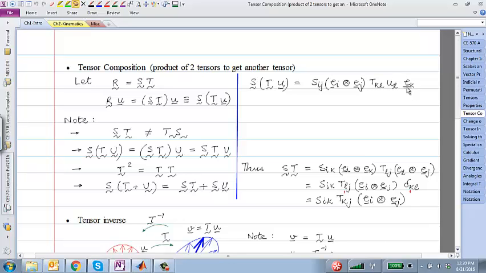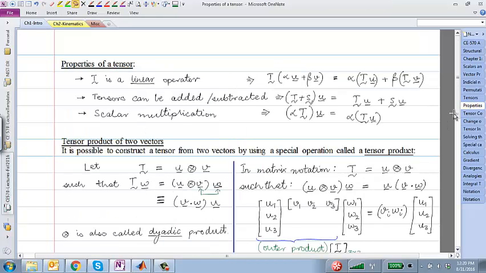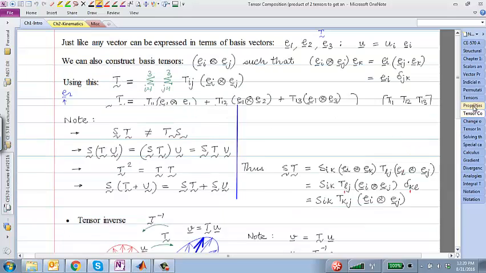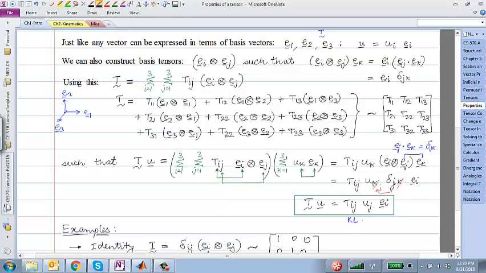Can we check if that's true first of all? Did we talk about this on the previous page right here? We said that T acting on U is T_IJ U_J E_I. Can I change arbitrarily? Can I say that instead of IJ I'm going to use KL, so it is T_KL U_L E_K?